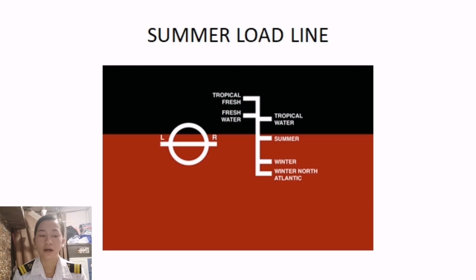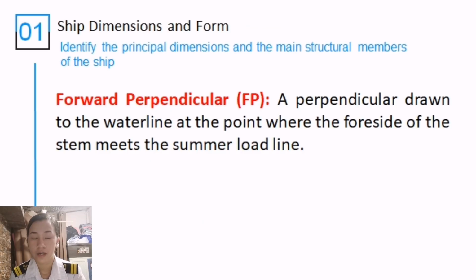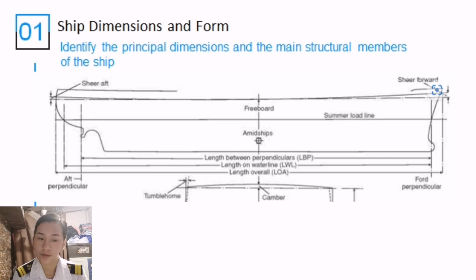So if we have the aft perpendicular, class, we also have what we call the forward perpendicular. The forward perpendicular is a perpendicular drawn to the water line at the point where the foreside of the stem meets the summer load line. Okay? The forward perpendicular is the opposite of the aft perpendicular. Since the aft perpendicular is located in the aft, the forward perpendicular is located in the forward part of our vessel.